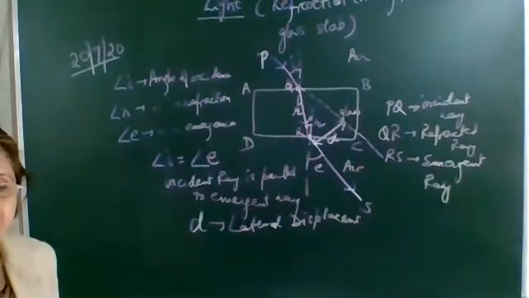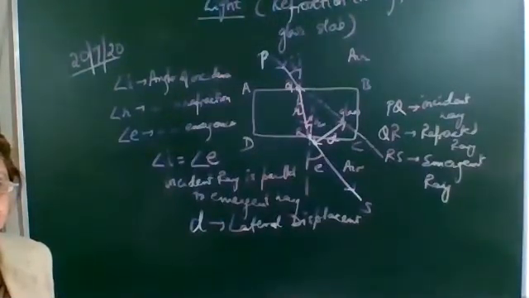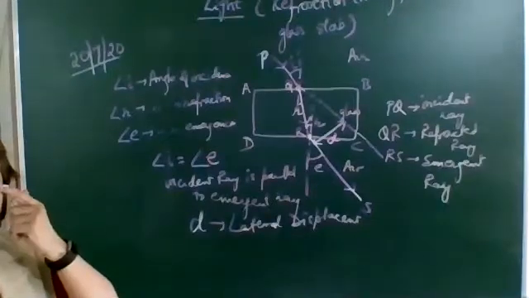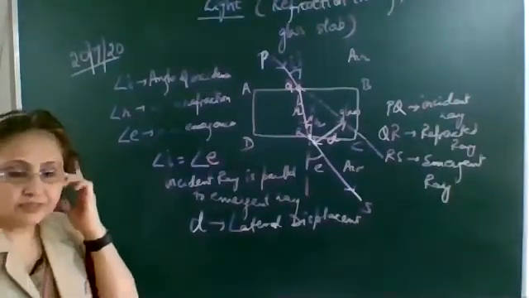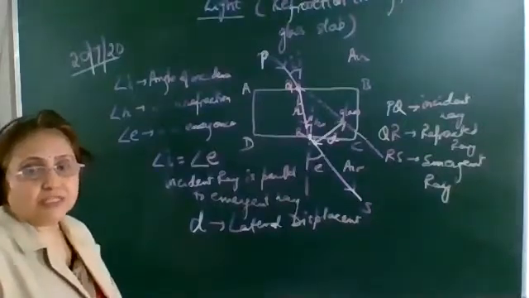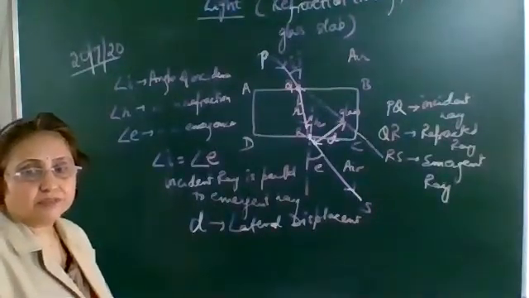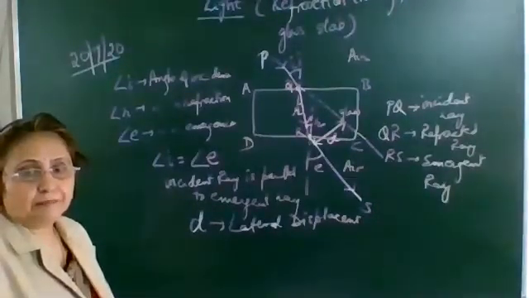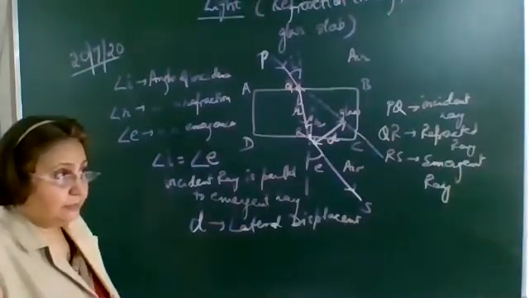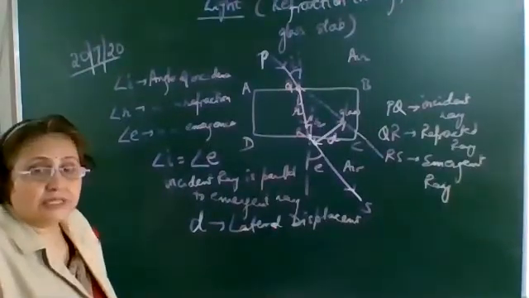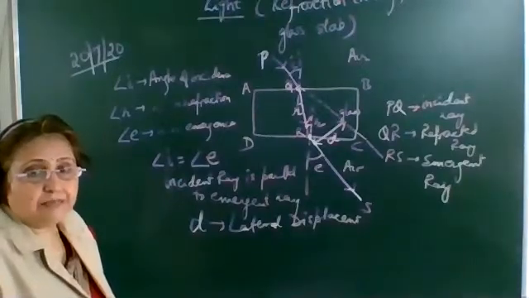What are the two parallel faces? AB and CD. Refraction is taking place through two parallel faces AB and CD. Write down the perpendicular distance between the incident ray and the emergent ray.